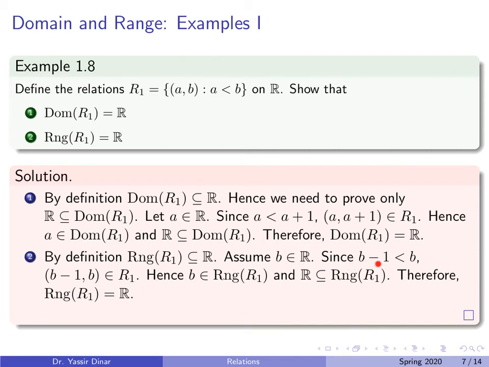We know that B minus 1 is always less than B, and so the pair B minus 1, B belongs to my relation R1. That means, because B here is the second entry, B is in the range, and so the set of real numbers is a subset of the range. And so I get my second equality, that the range of my relation R1 equals the set of all real numbers. And this ends the proof.